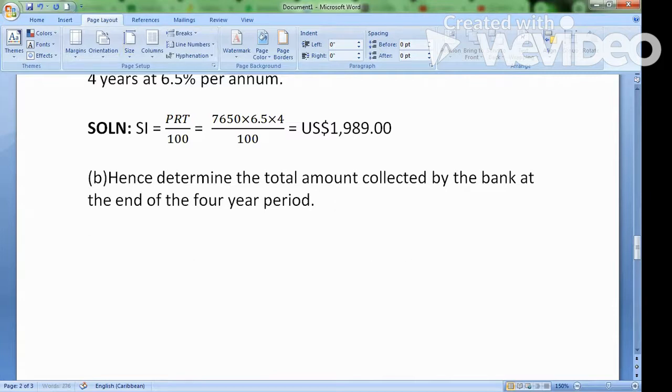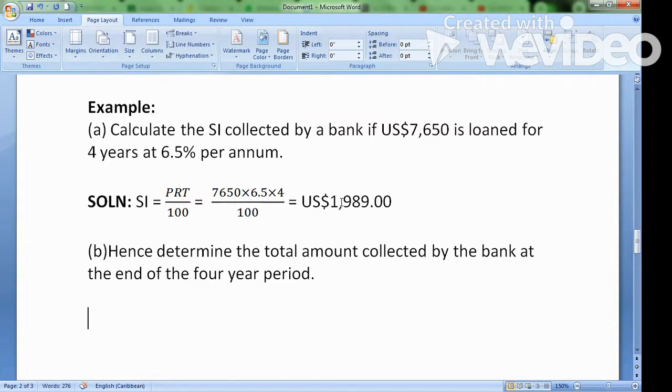All right, next part of the question. It says determine the total amount of money collected by the bank. Anybody want to tell me what that is? At the end of the 4-year period.